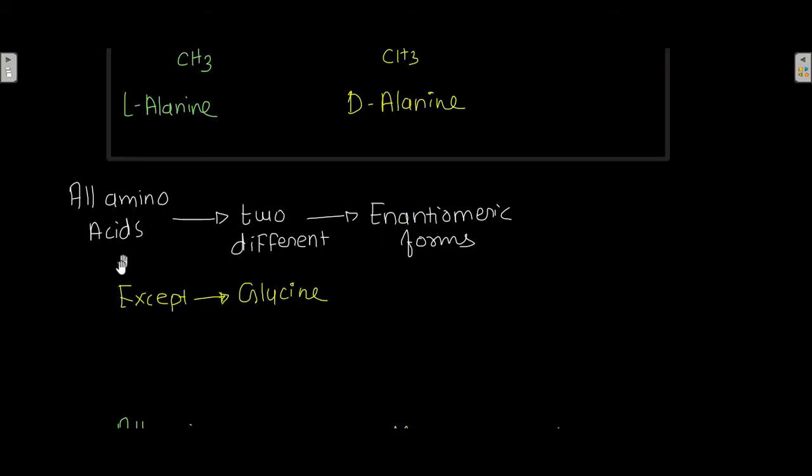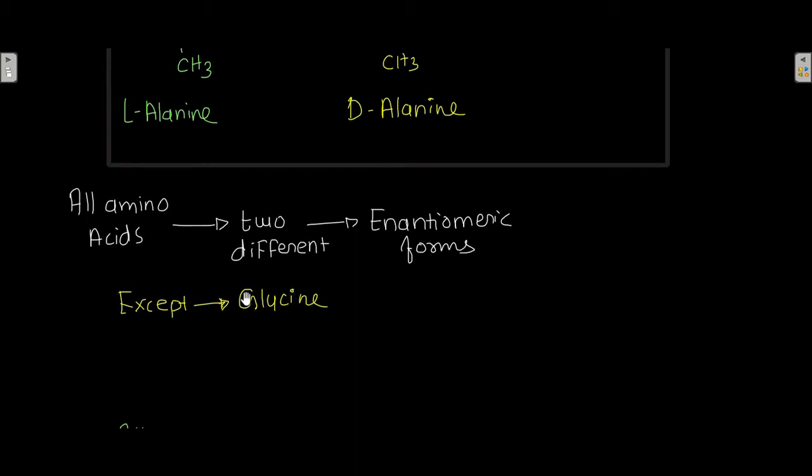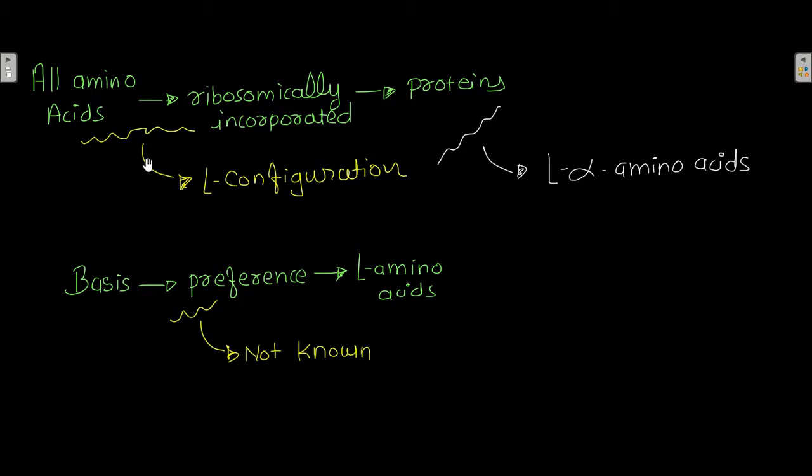Now, all amino acids except glycine have two different enantiomeric forms. It cannot happen in the case of glycine. Now, this is an interesting fact: all amino acids which are ribosomally incorporated into proteins have L configuration.